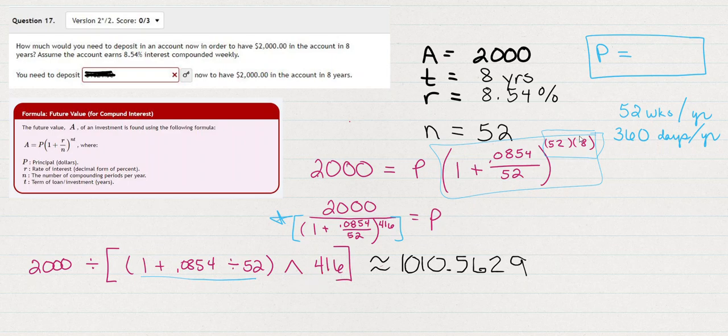I got that 416 by doing 52 times 8. When I put this in the calculator, I get approximately 1010.5629. Rounding to the nearest cent gives us $1,010.56. And that is the answer we're looking for in this first question.